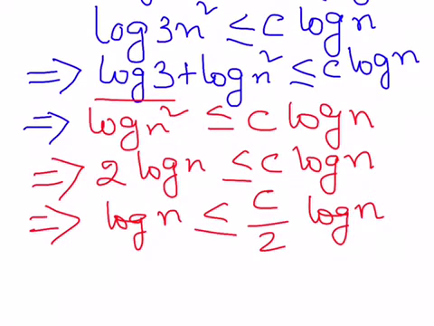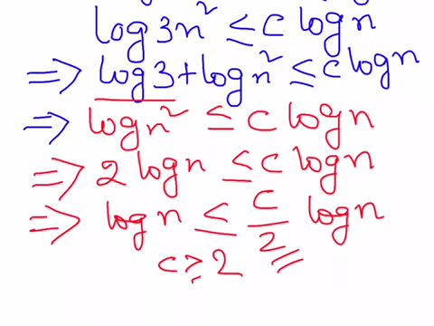If we choose c greater than or equal to 2, then this inequality of course holds, because if we choose c exactly as 2, then log of n is less than or equal to log of n, which is correct. If we choose c greater than 2, then log of n will be less than or equal to that number times log of n. So we have proven that log of 3n square is indeed order of log n.